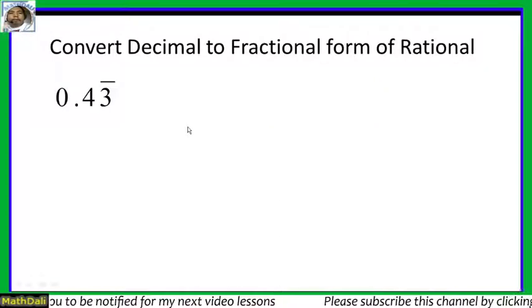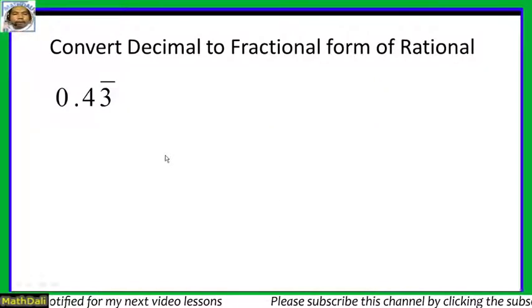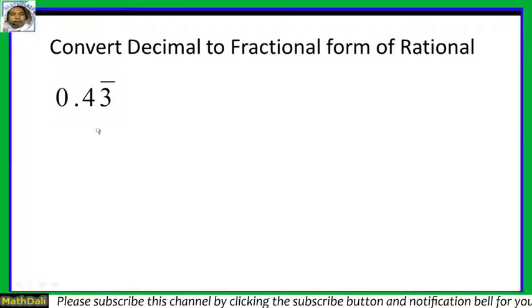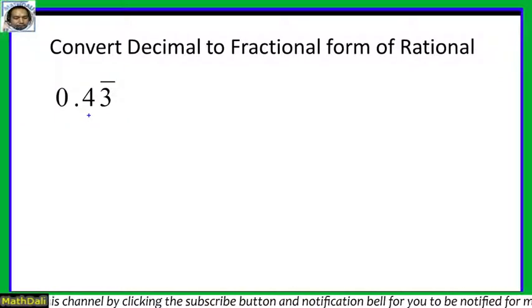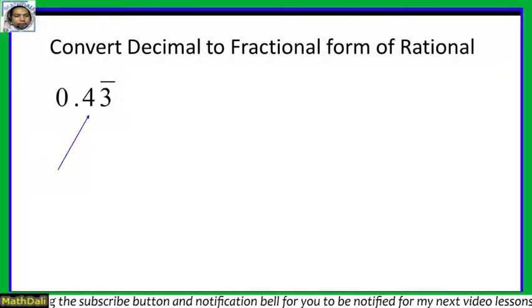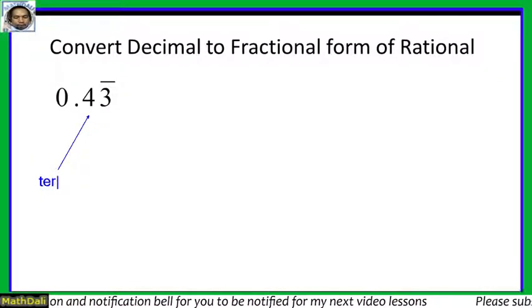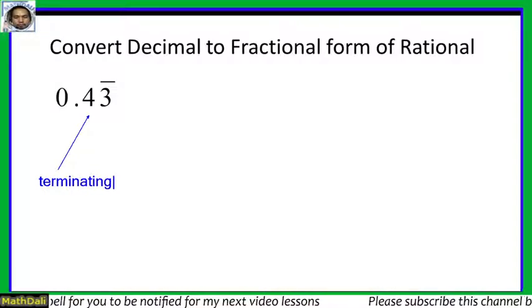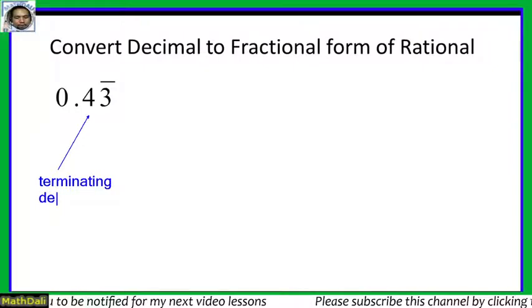Okay, so paano naman kung ang kino-convert natin ay combination ng terminating decimal, ito yung ating 4, at saka yung ating repeating decimal na 3. Meron tayo ditong terminating decimal.